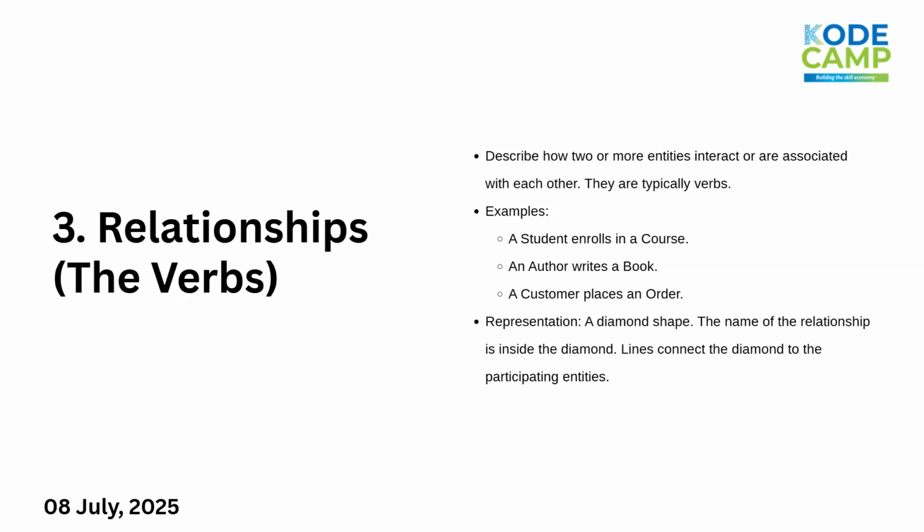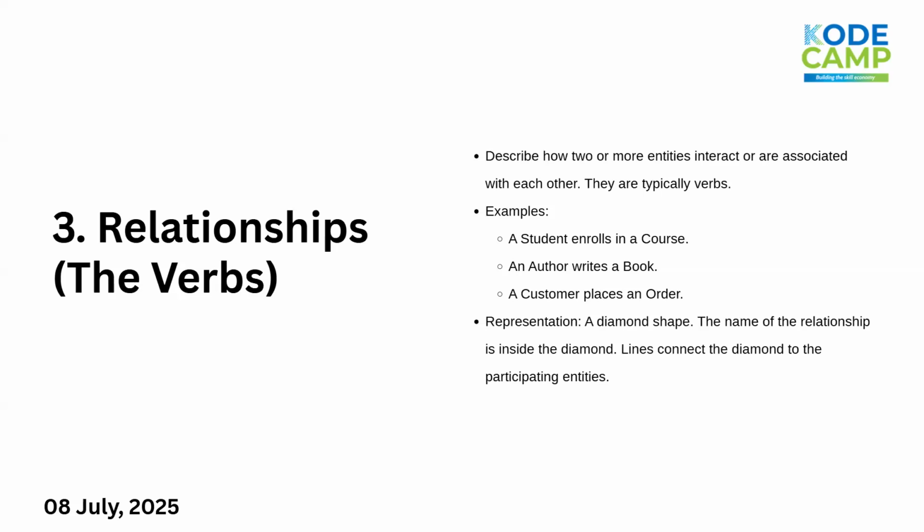So the author is an entity. Book is the entity. What connects them together is actually the relationship. So an author writes a book, a customer places an order. When we talk about e-commerce applications like Jumia, Alibaba, where you want to buy a shoe, you are actually the customer.